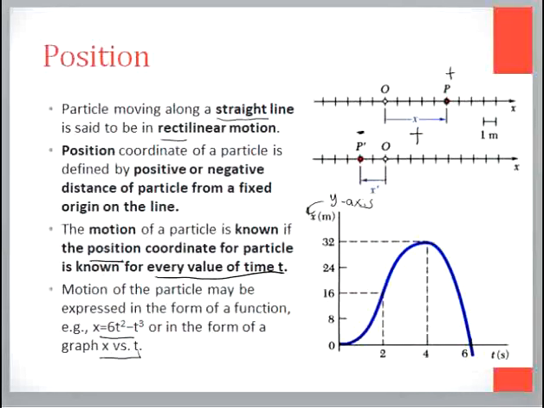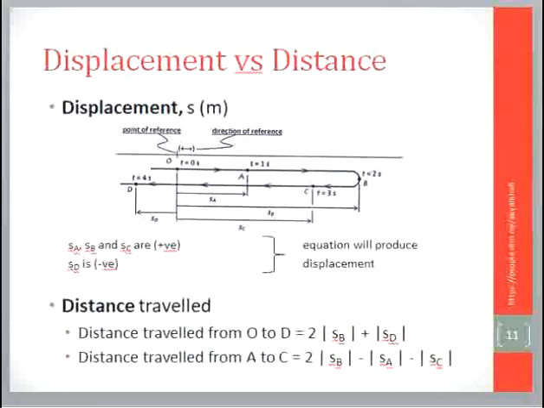Okay, so displacement versus distance. As I explained before, distance is scalar and displacement is vector. So displacement can be positive or negative depending on where the position is relative to the origin, the point of reference.